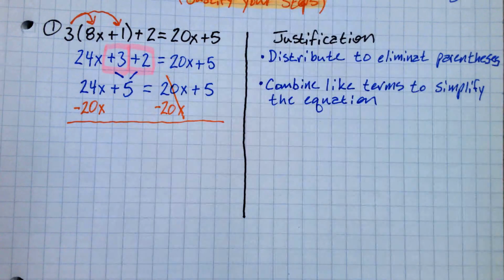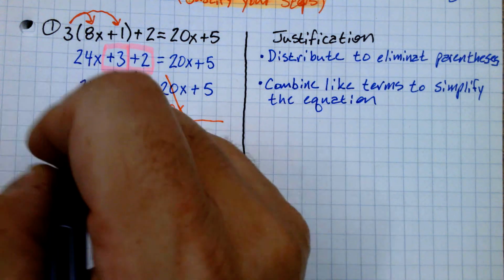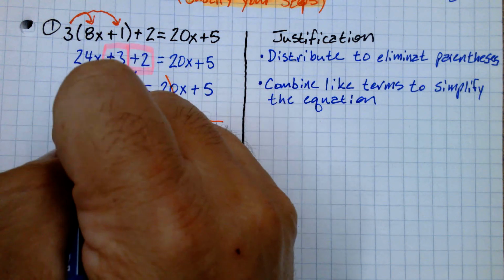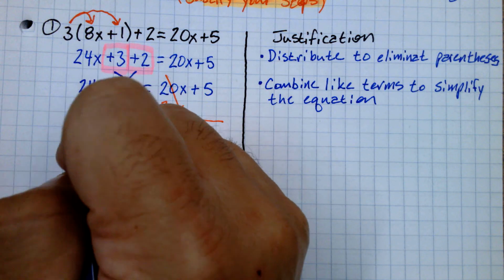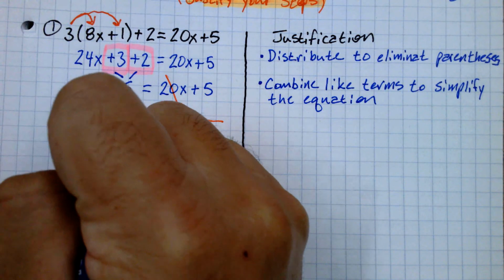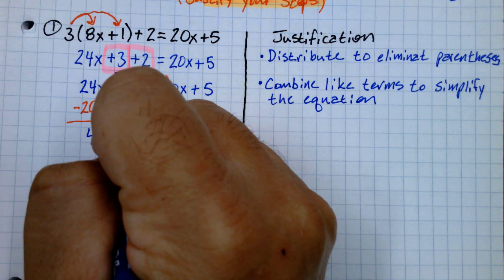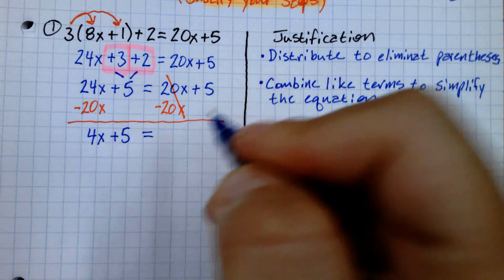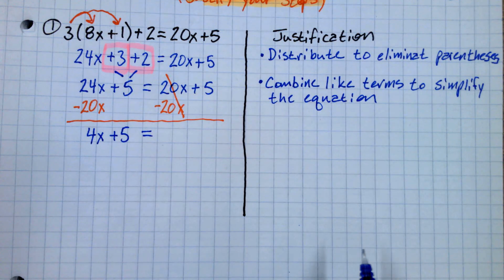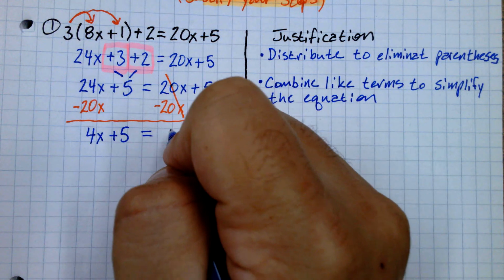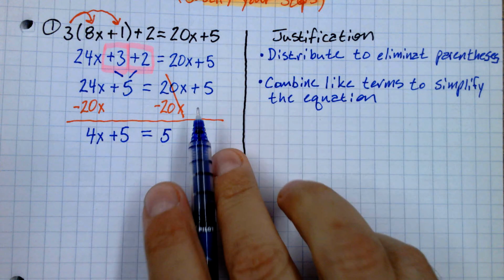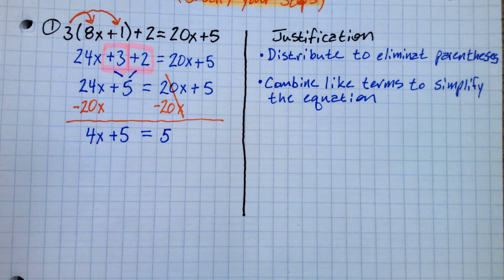That will eliminate the variable on the right. So let's see what we get. 24 take away 20. That's 4x plus 5 equals, well, that got rid of the variable on the right side of the equal sign. So we just have, that's plus 5, so it's positive 5.